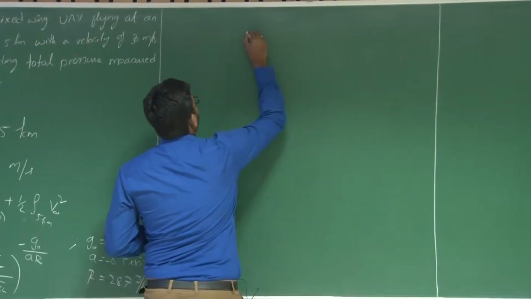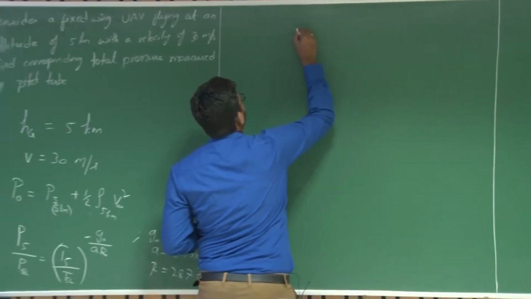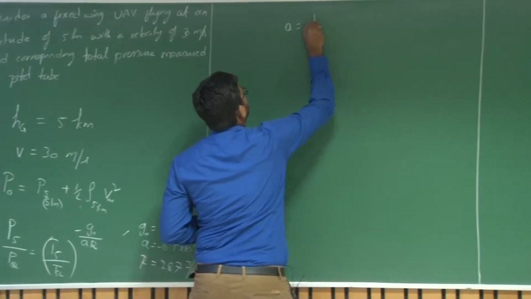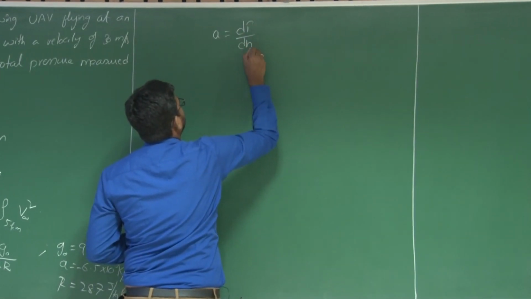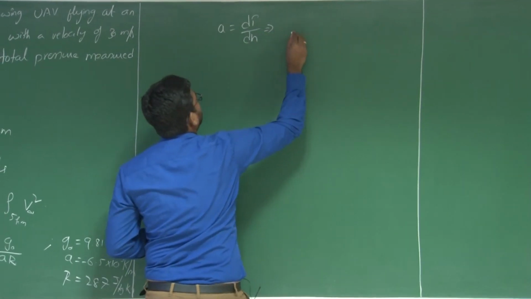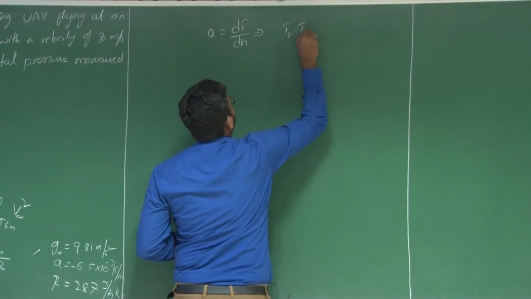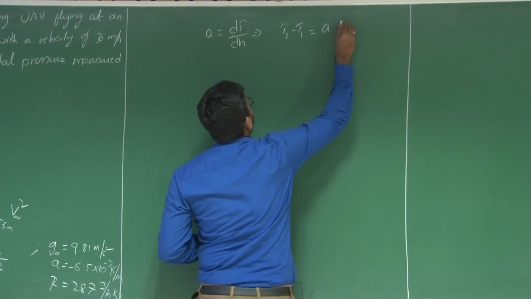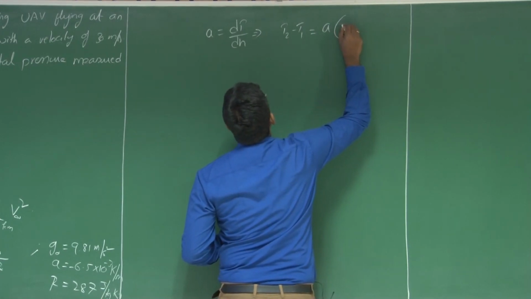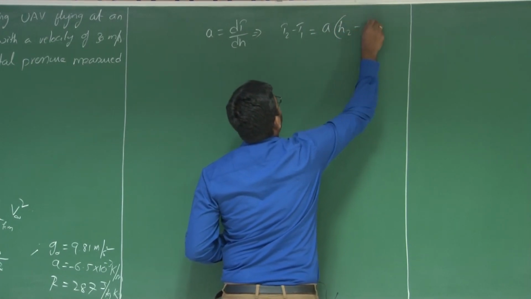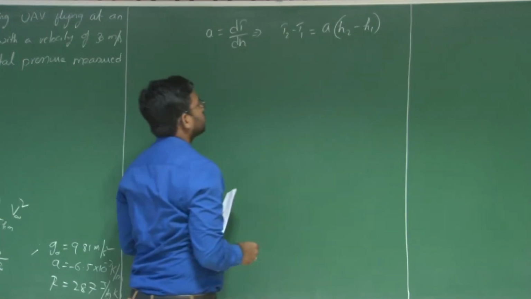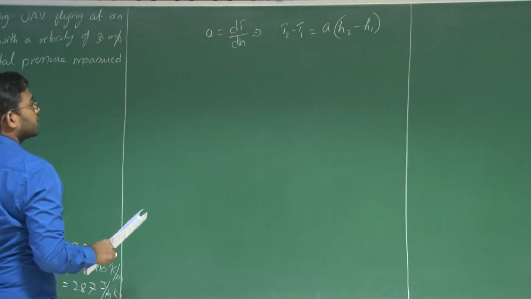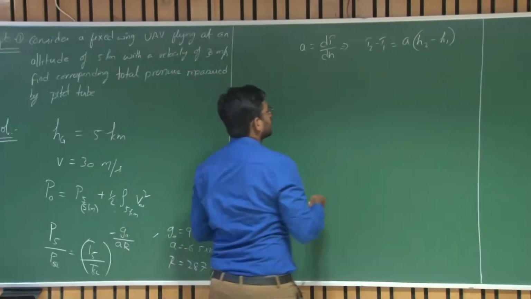To find T5, I use the definition of lapse rate. This implies T2 minus T1 is equal to a into H2 minus H1. So first we need to convert this geometric altitude to the geopotential altitude here.